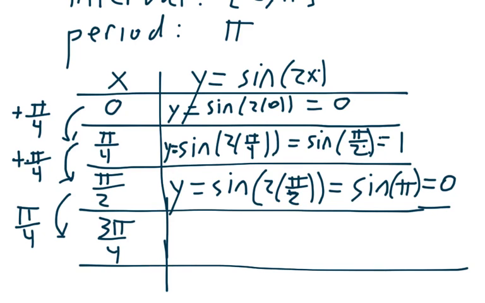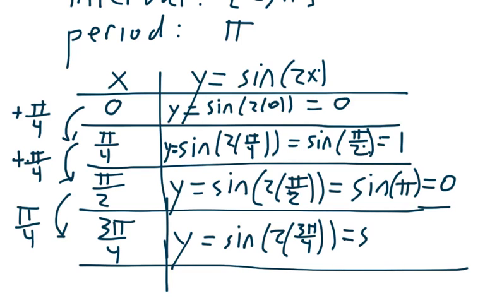We plug that into our function, so we're going to have sine of 2 times 3 pi over 4, and that's going to be sine of 3 pi over 2, which, as we know, is negative 1.